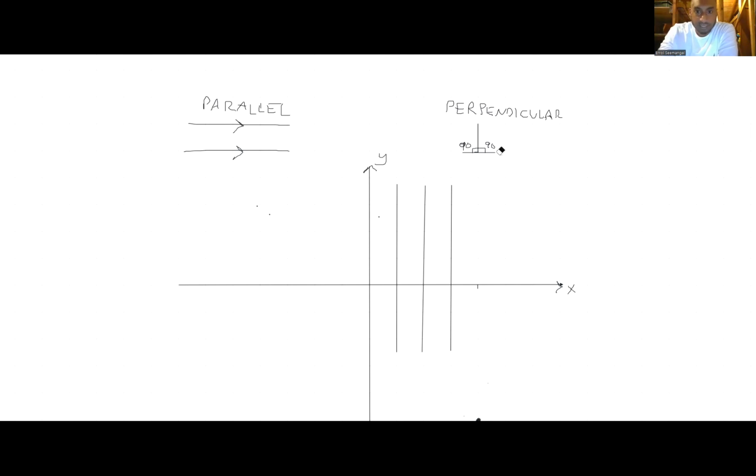Any two lines that are perpendicular will form a 90-degree angle. All right, let me see how I do this again. How did I erase this before? Oh, here we go. Delete, delete, and delete. Okay.